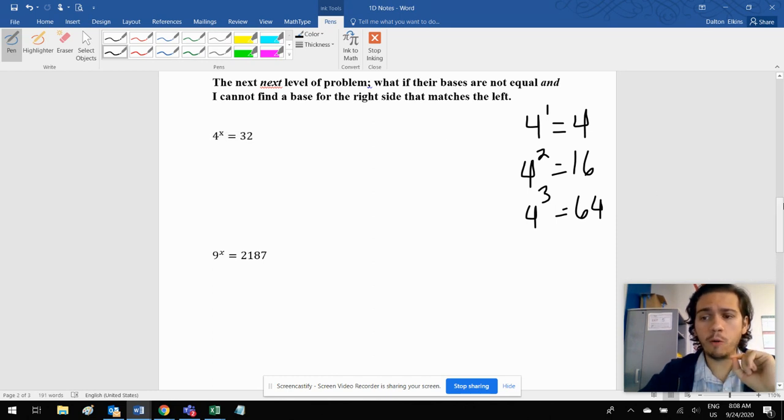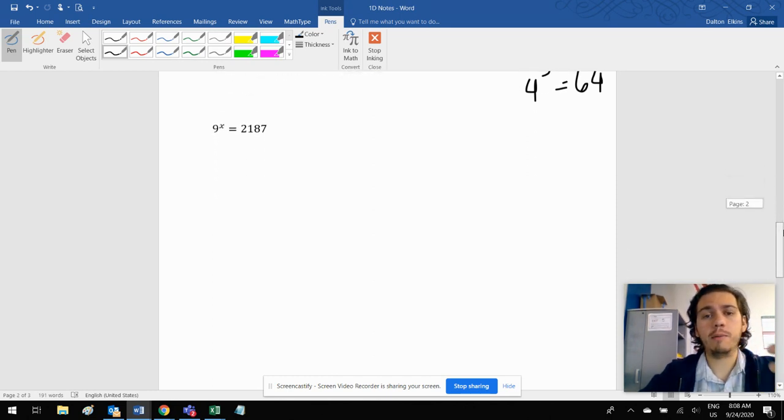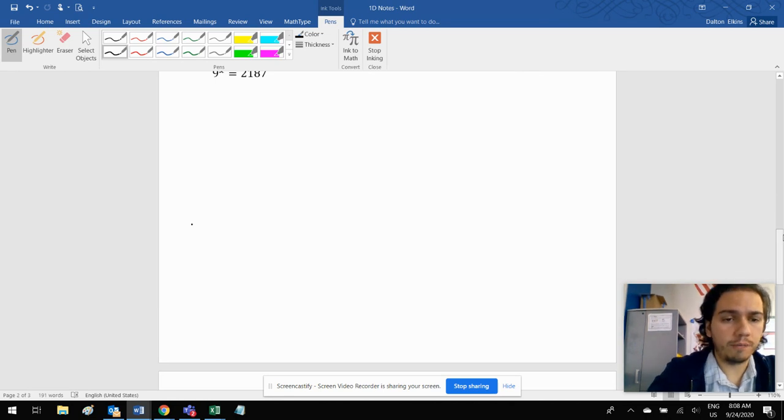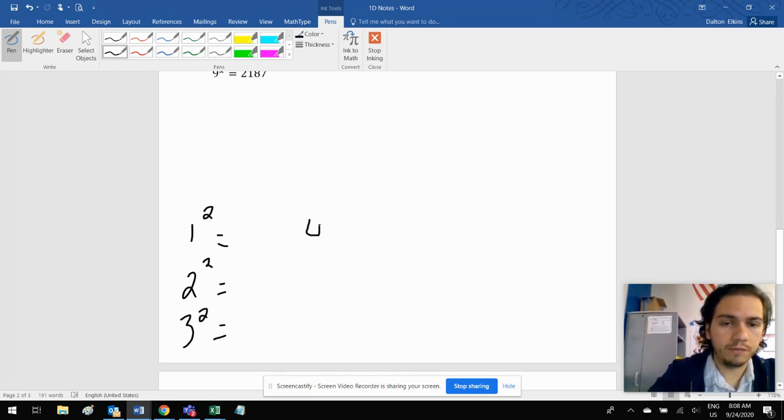So this is where we go back to something that we did in 1C, where we talk about perfect squares. There are numbers that are the result of taking your regular counting numbers and raising them to the second power. So 1 squared, 2 squared, 3 squared, 4 squared, 5 squared, 6 squared.